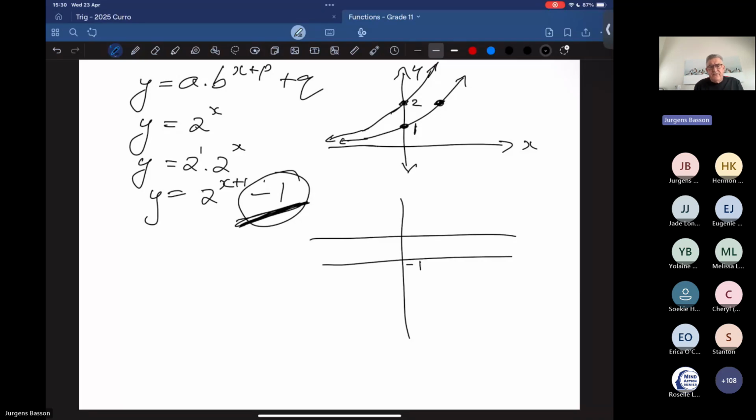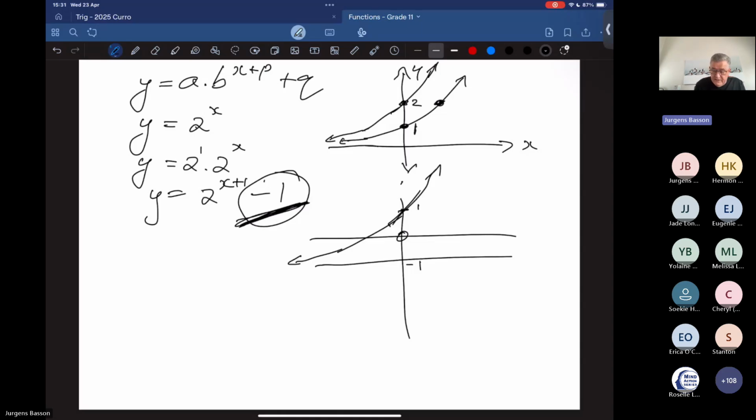Secondly, they must find the y-intercept. That is where x is 0. And if you substitute x with 0, you agree I get 2 to the 1, which is 2, minus 1, which is 1. So this graph will still intersect the y-axis at 1, but now you most probably notice it will also have an x-intercept.